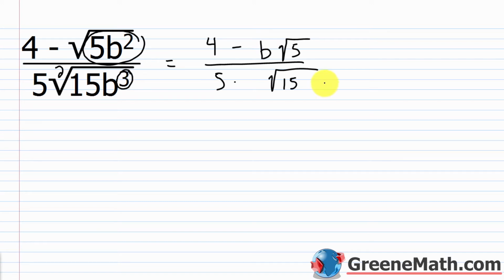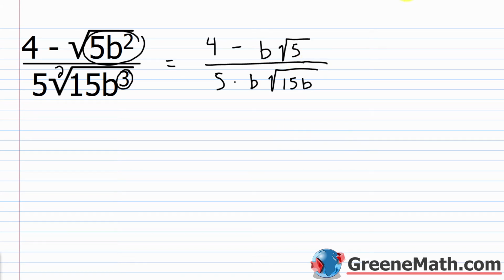So if I wanted to go kind of a long way about this, I could say this is the square root of b squared times the square root of b. This guy right here is b, so that could come out, and I could erase this. And if I'm multiplying by the square root of b, I could just write this underneath. So we've simplified that part as much as we can.